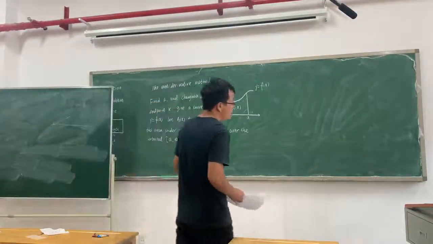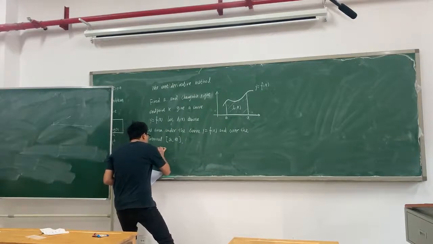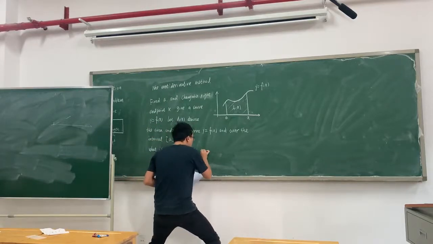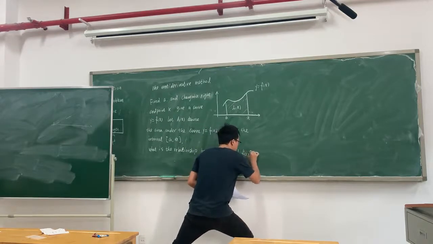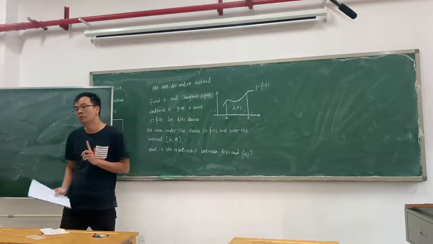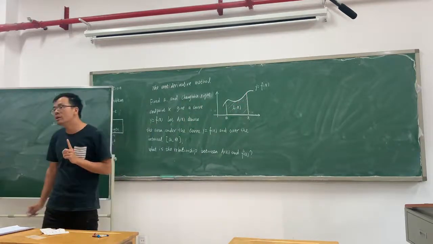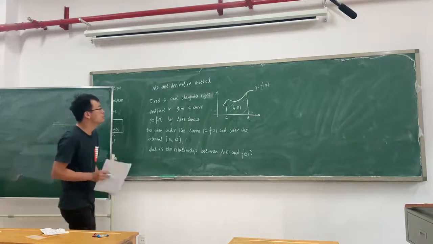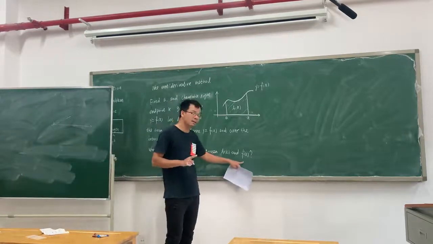A(x) denotes the area, and f(x) is the curve. So first we give some examples, and we find the relationship between A(x) and f(x) from the examples.